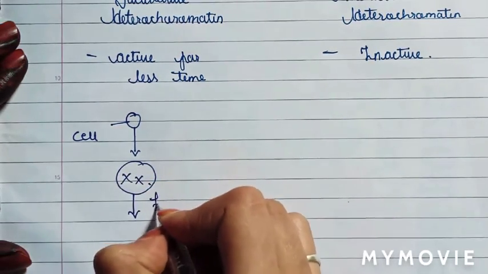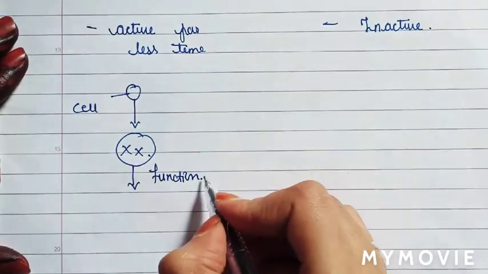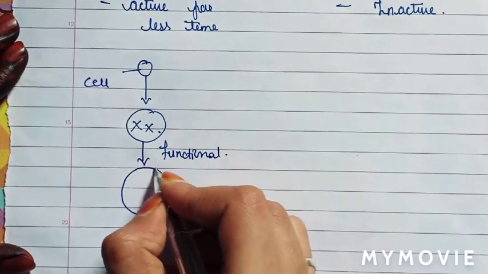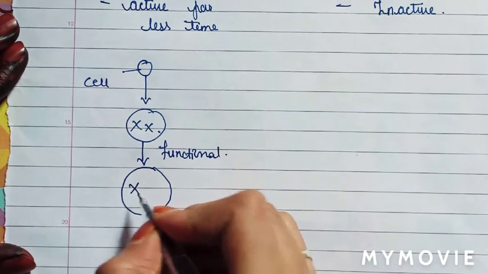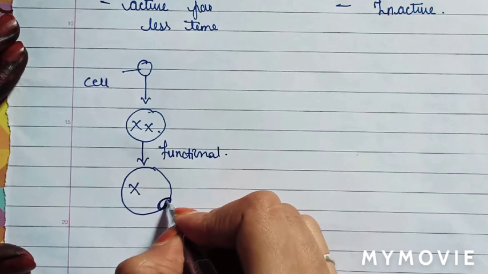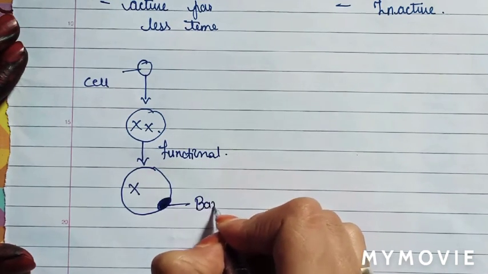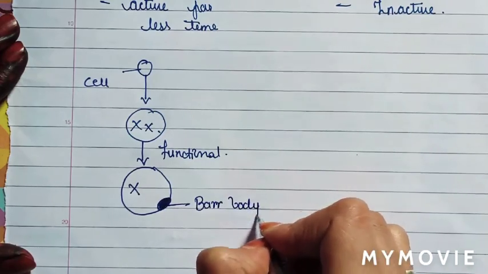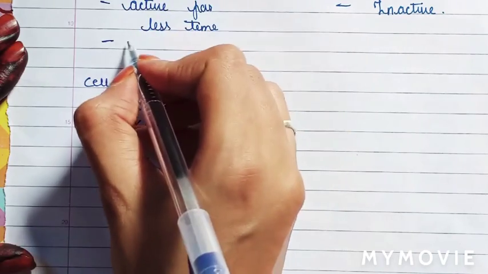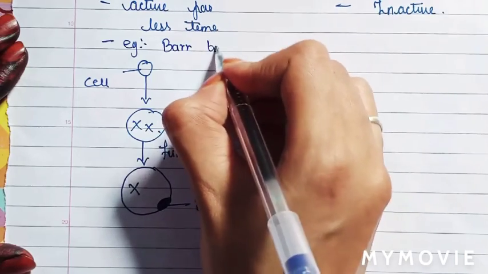They are functional for a few time, but after some time one X chromosome is not functional. It gets attached to the nuclear membrane and forms a dark body known as a Barr body. So this Barr body is the example of facultative heterochromatin.